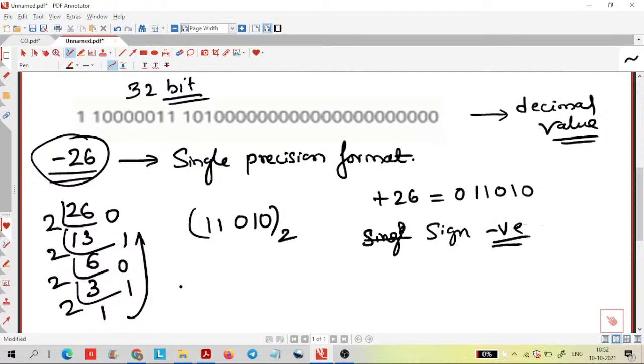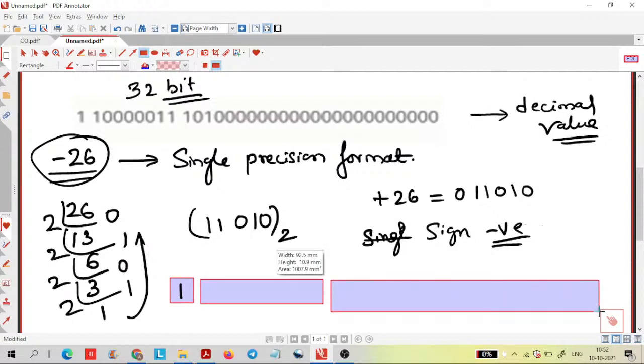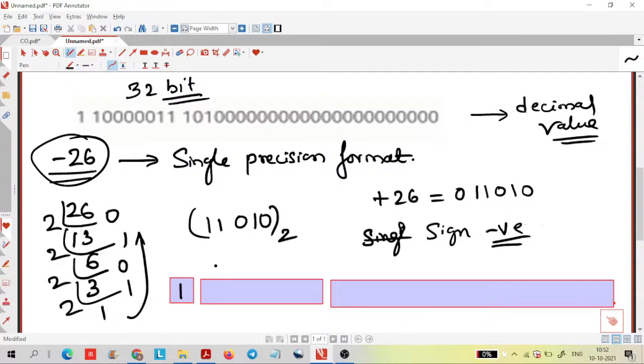Now if I represent this in single precision format, the sign is negative. I will put it in a box: the sign, then 8 bits of exponent, and 23 bits for the fraction part. This is for the 26.